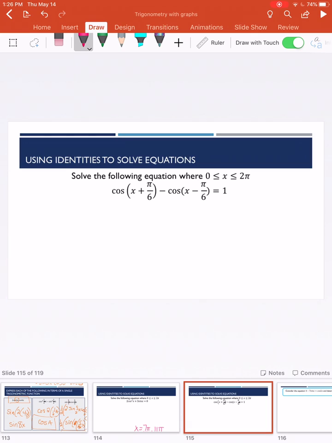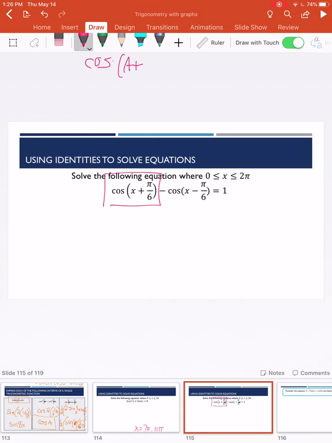Okay, this one I will do, just to practice. As soon as I see this, that's a sum and difference identity. So I should be going to my formula sheet and looking at my sum and difference identities. I'm just going to write it down for you.